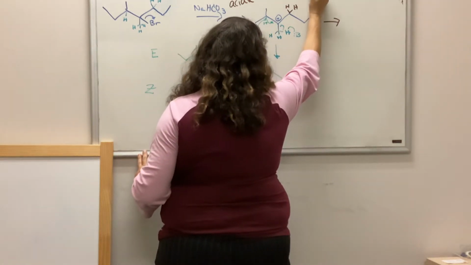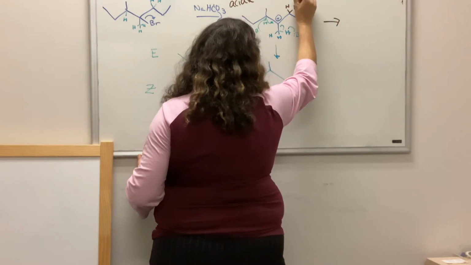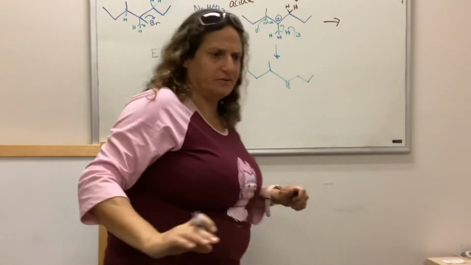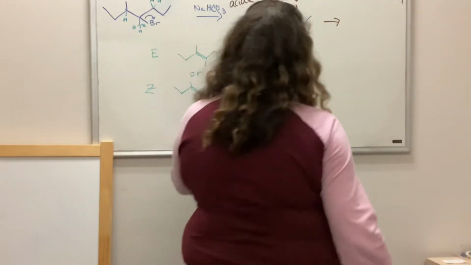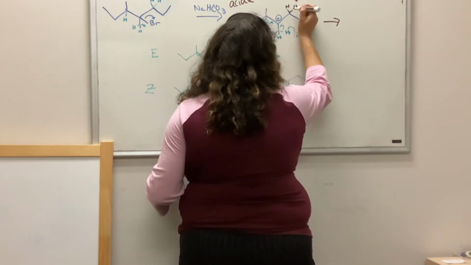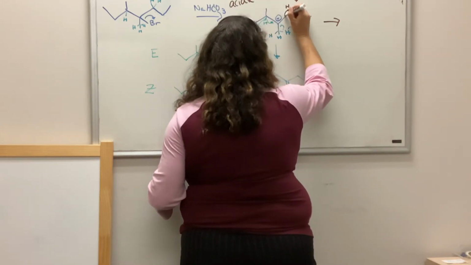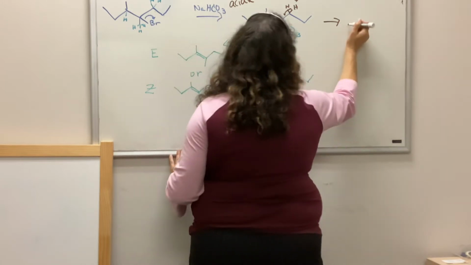And the base comes in, and hopefully, I believe you can see the whole screen. Let me check. Yep, you can. Okay. The base comes in, pulls off the hydrogen, we form a double bond.